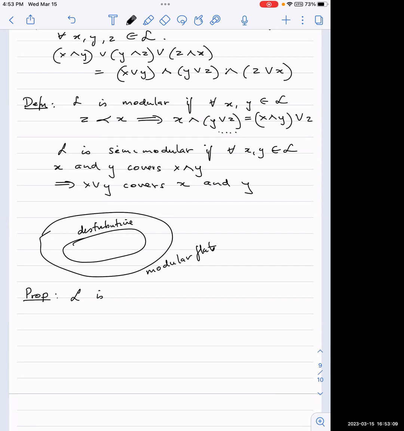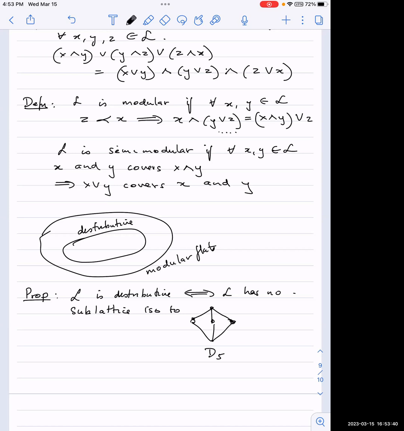So L is distributive if and only if L has no sublattice, and I should probably define a sublattice, isomorphic to these two lattices. Let's just draw the Hasse diagram of them.